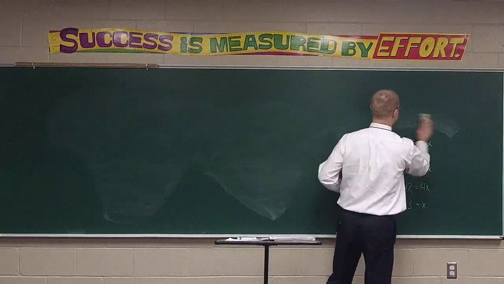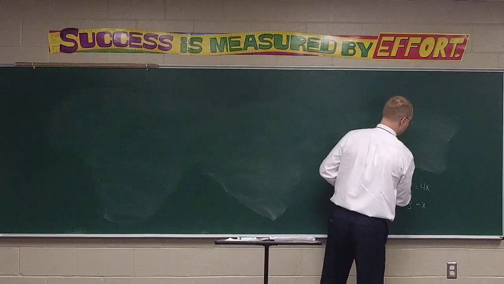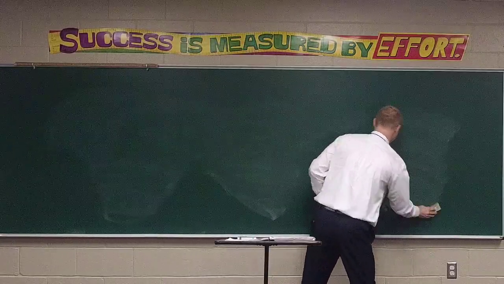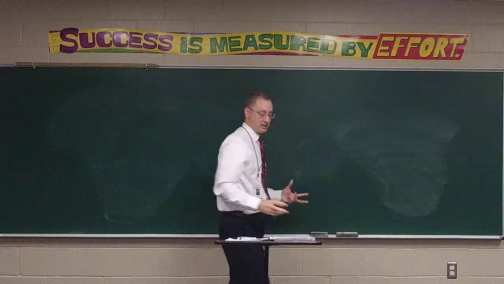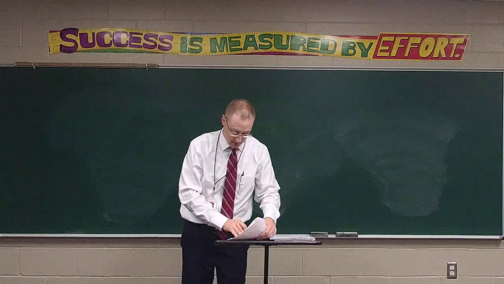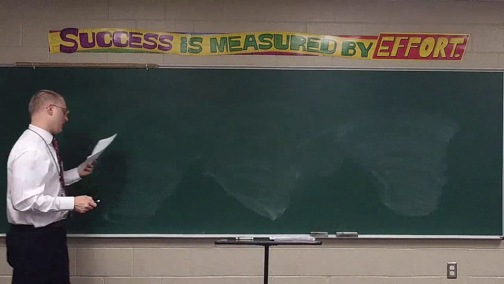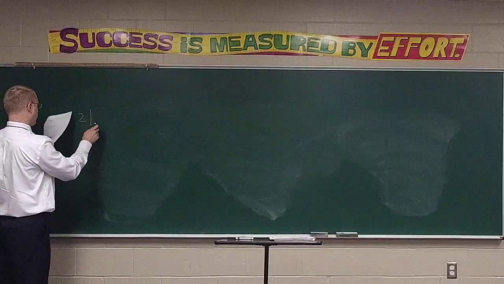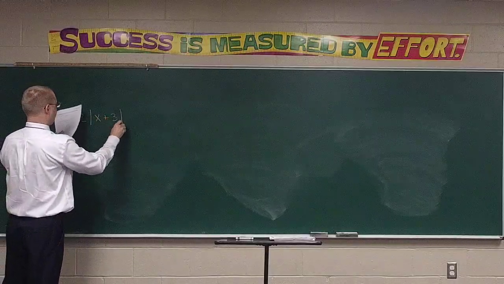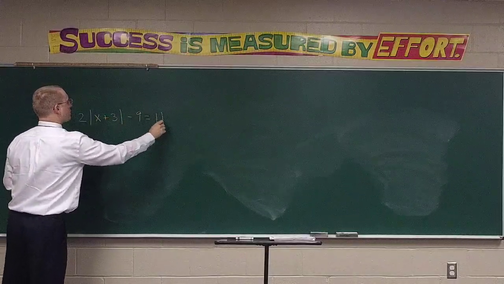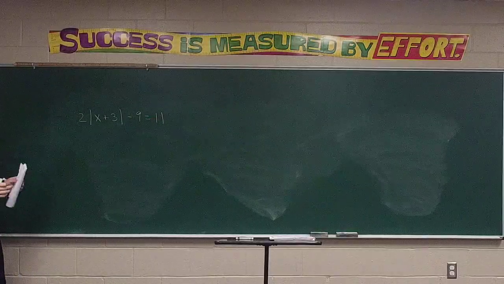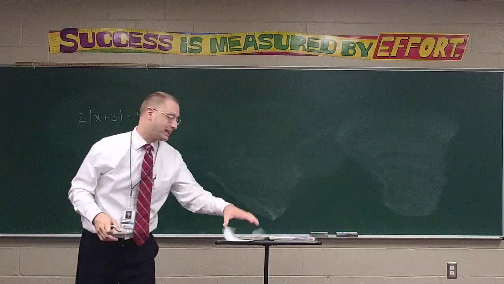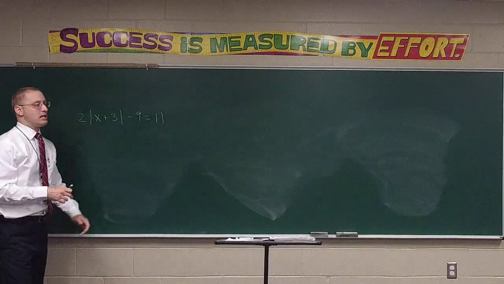Remember, the whole premise of absolute value is it doesn't matter if it's a positive in there or a negative in there, it's going to come out the same. So absolute value of positive 3, absolute value of negative 3 is the same either way. So the key to absolute value then is to get the absolute value set equal to positive negative. So if I had this equation, 2 times the absolute value of x plus 3 minus 9 is equal to 11, what would we need to do here?